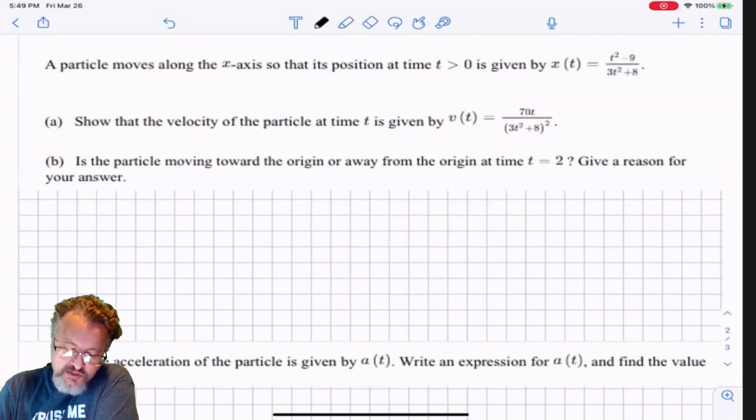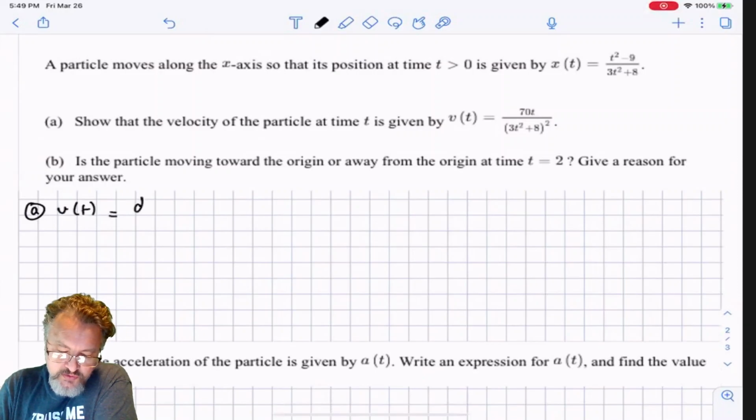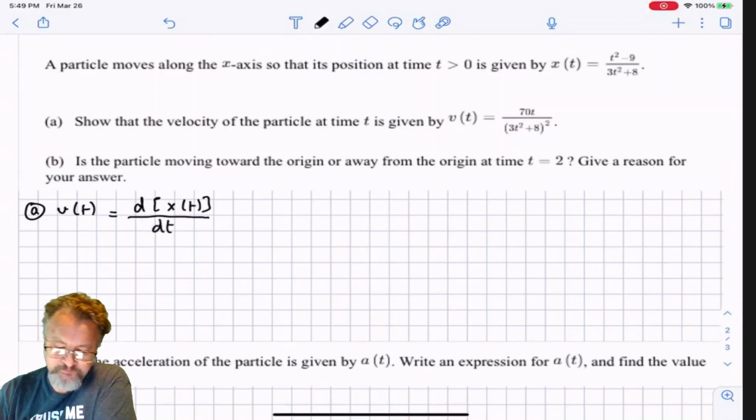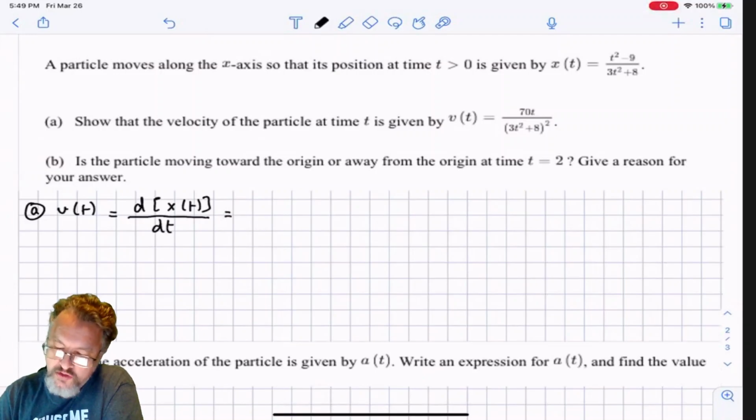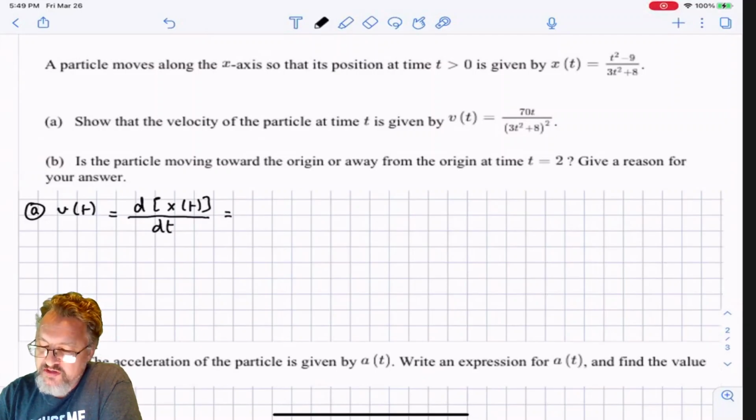Okay, so for part A, we know that the velocity is equal to the derivative of the position. So the derivative of x(t) as it relates to the time. Okay. So I think that this might call for a little bit of simplification.